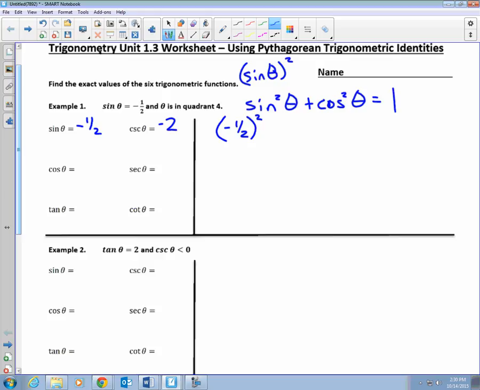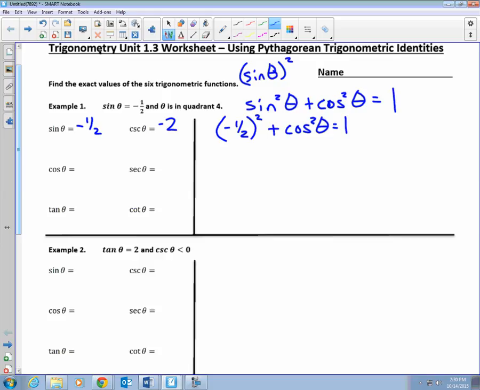It means you square the sine value. So I take negative 1/2 and I square it, plus cosine squared of theta is equal to 1. This will be challenging for many of you because number sense is sometimes a struggle, meaning working with fractions can sometimes be a problem. Let's admit it. Sometimes fractions are not our friends, right?